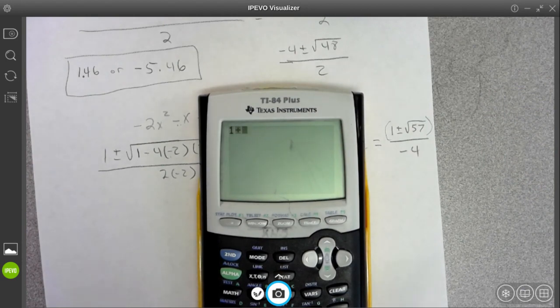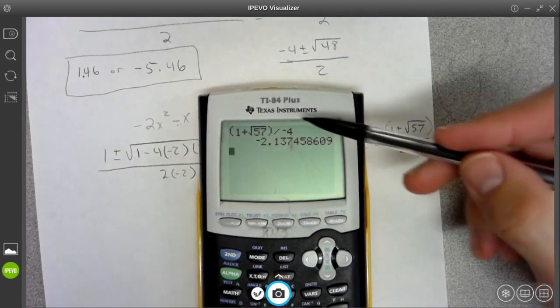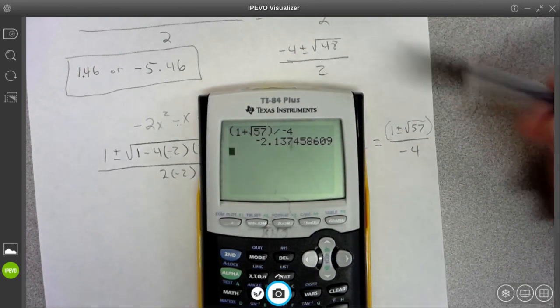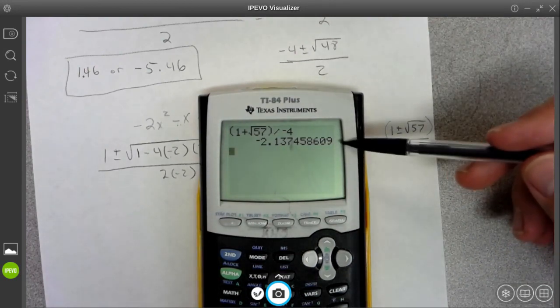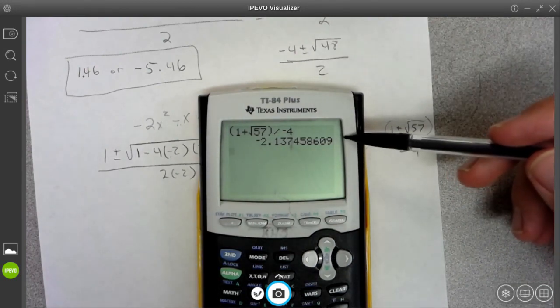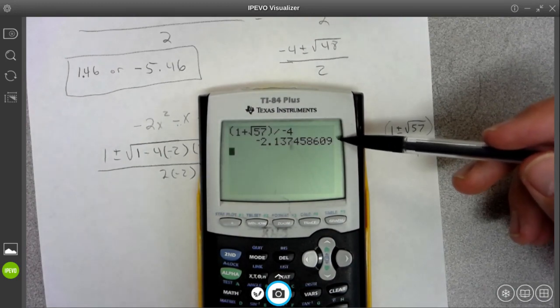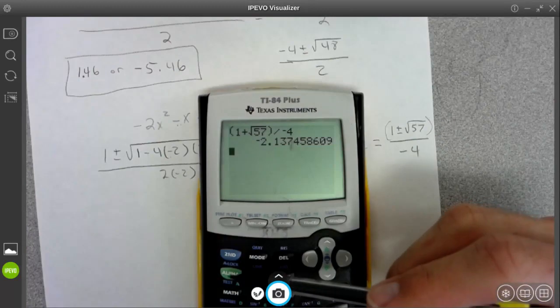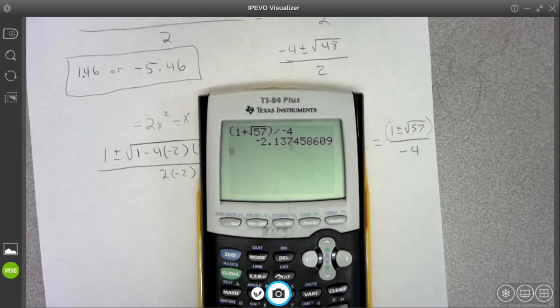So I'm going to do parentheses, 1 plus square root of 57, and then close parentheses, divided by negative 4. This is going to be handy later. Right now this is a real number. Later we're going to get to some that have complex solutions or imaginary numbers, and for some reason you can't use the alpha y equals on the calculator.